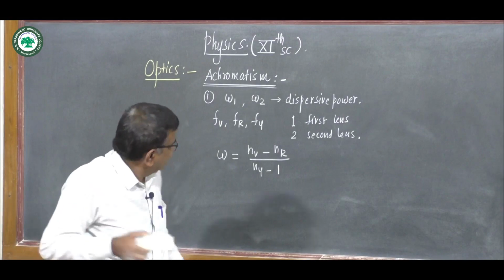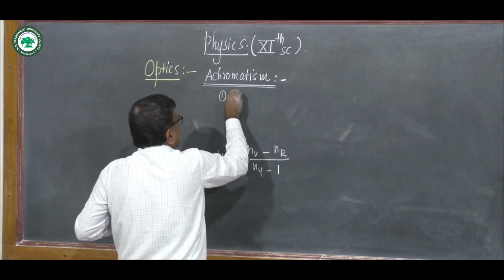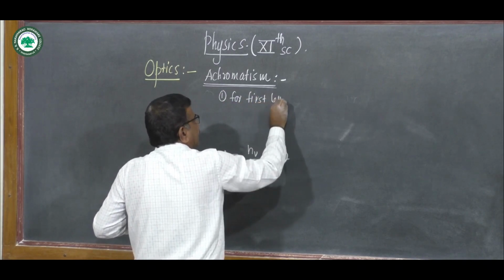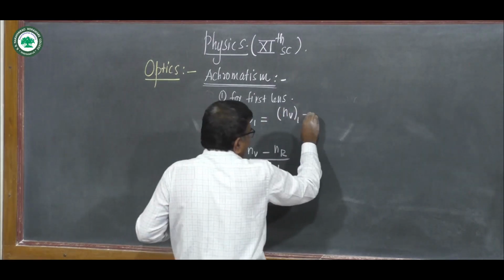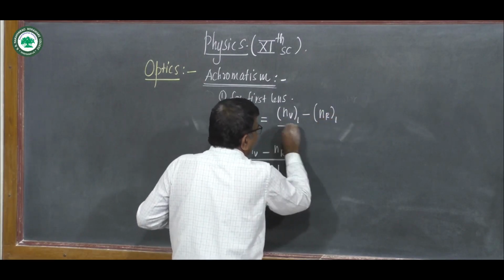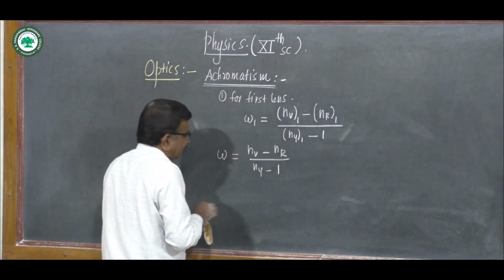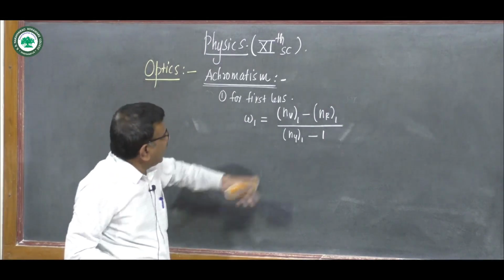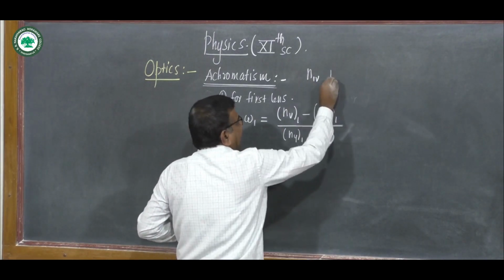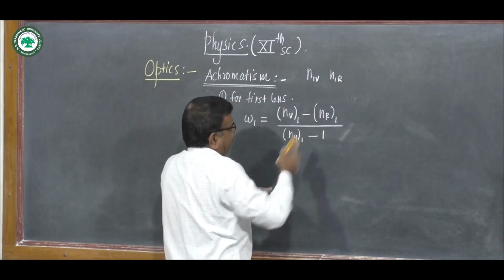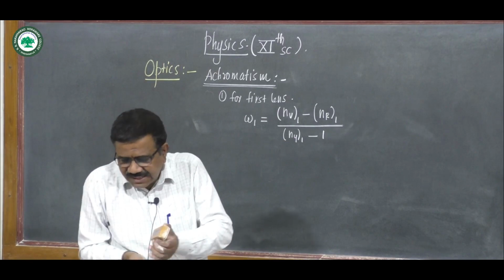For the first lens, the dispersive power will be omega 1 equal to (Nv1 minus Nr1) divided by (Ny1 minus 1). You may also write this as N1v, N1r in the textbook. This is one and the same, and also correct.